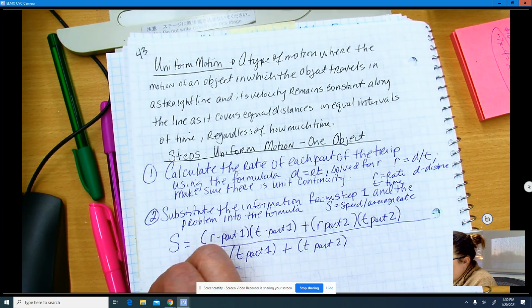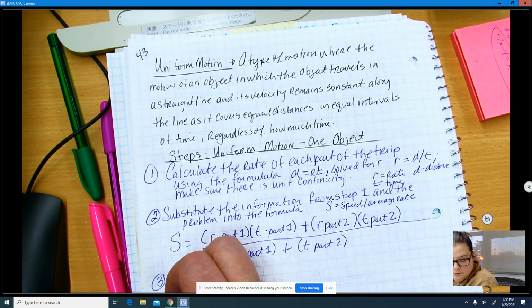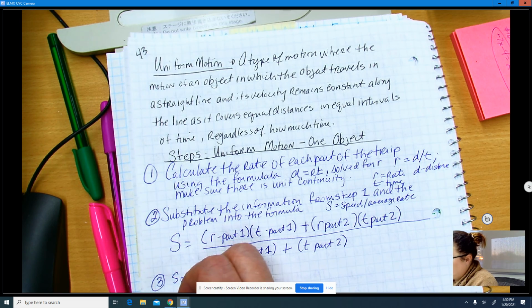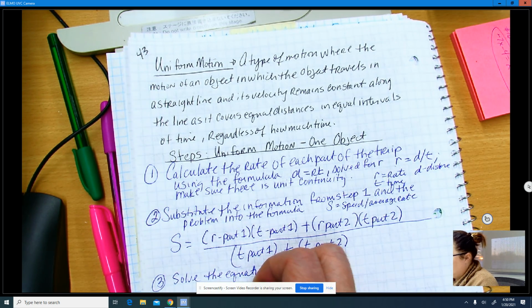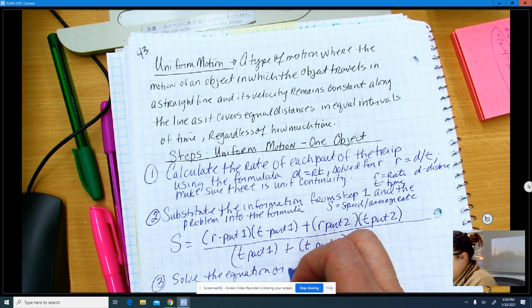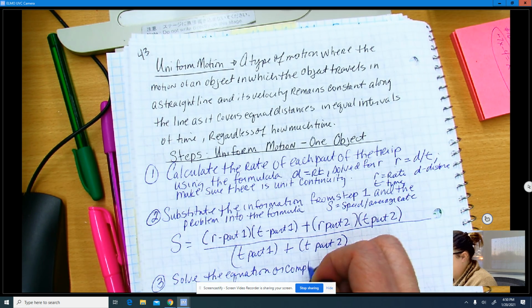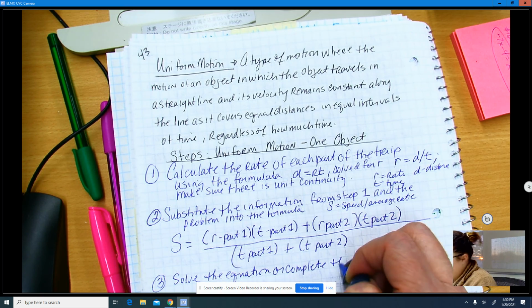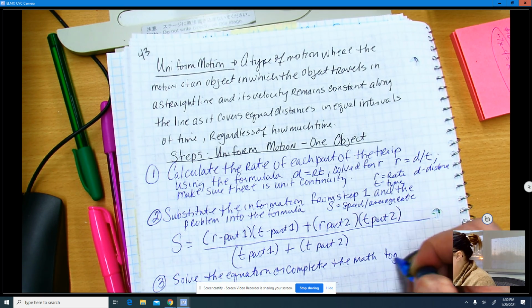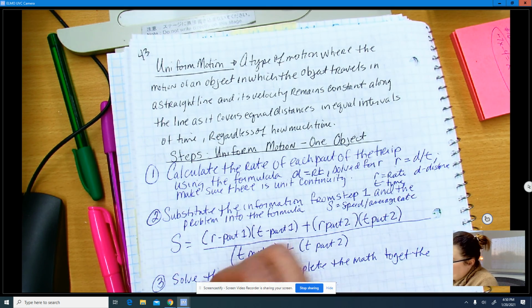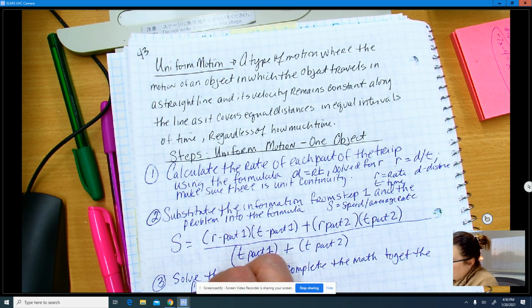So then once we've filled out this formula, we then have to solve the equation or complete the math to get the final answer.